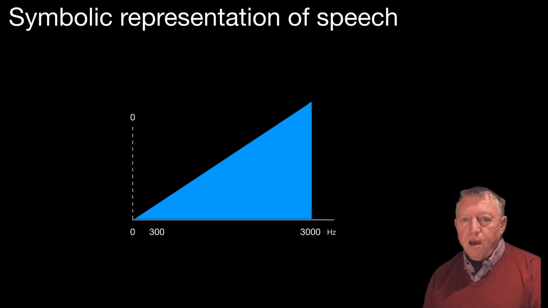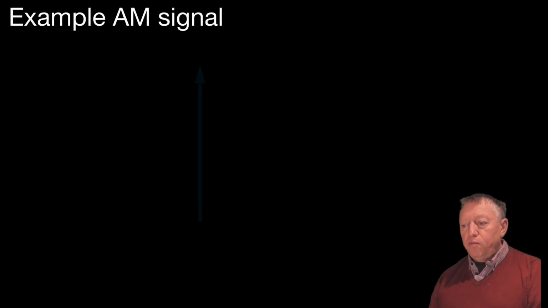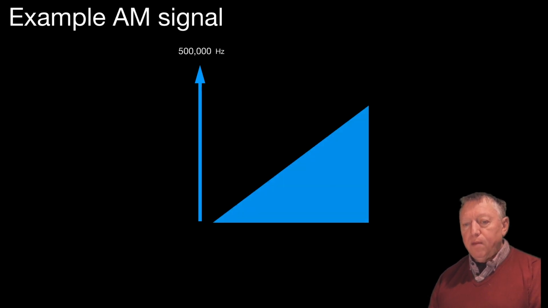So how would we, for example, represent an AM waveform? Well, we would represent it with its carrier, and we would then add on to the carrier the 2 sidebands. And on this representation I've left a small gap there to show no frequencies being transmitted between 0 and some lower limit, perhaps 300 Hertz.